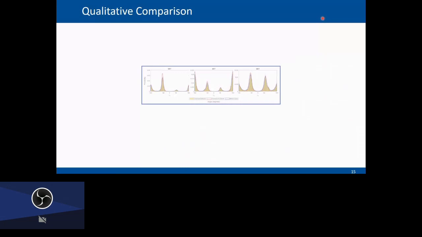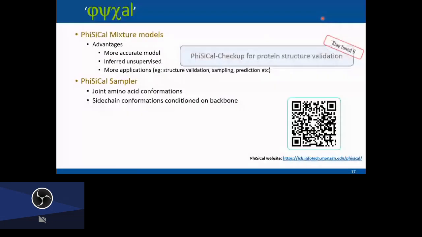To facilitate these applications, we have made available physical sampler, which enables you to sample joint conformations as well as sidechain conformations conditioned on the backbone. And finally, stay tuned for physical checkup, which utilizes these mixture models to do protein structure validation.